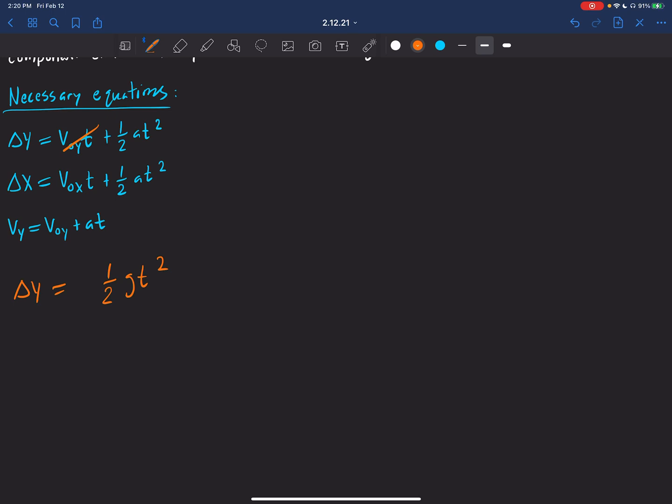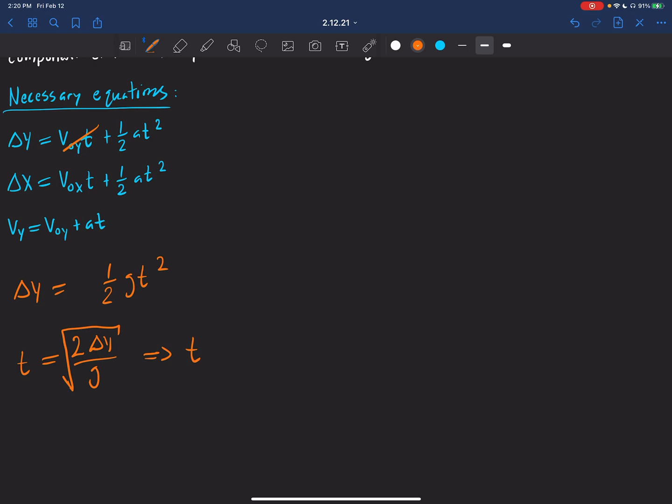Time is going to be positive. So we know delta y, and we know g is 9.8. So we can simplify this equation a little bit at first. We can rewrite it like this. And then we're just going to plug in our values.